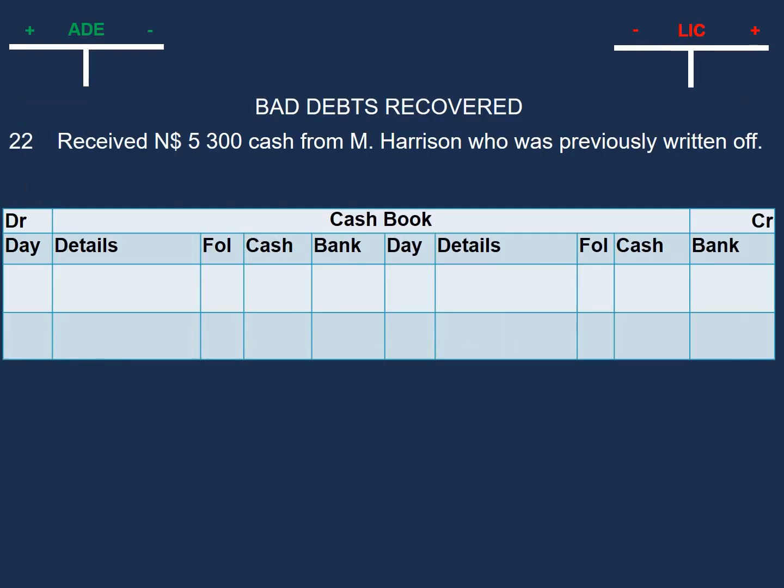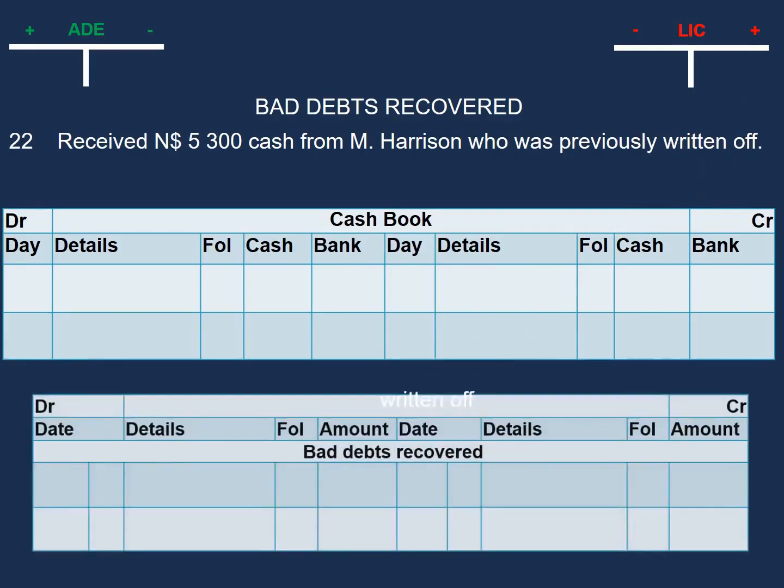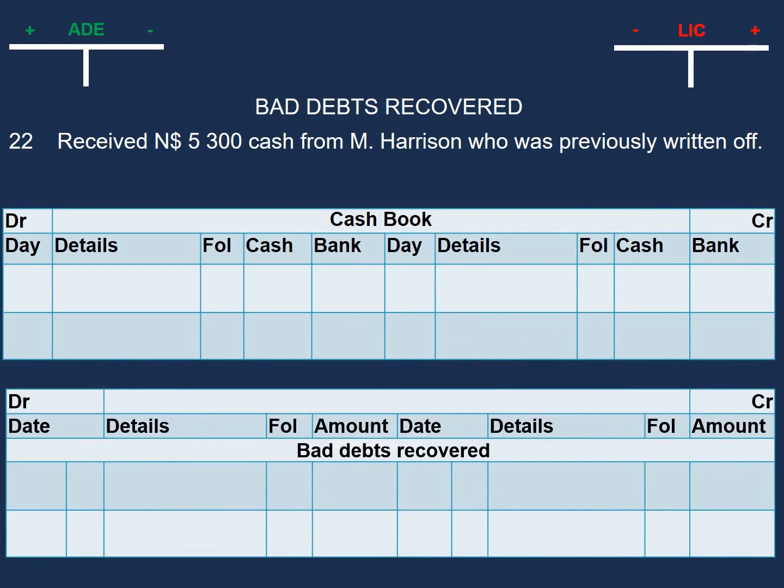First, what we need to do is open our bad debts recovered account. Then we will debit our cash book with 5,300, which we will enter in the cash column because cash was received, and our description in the details column will be bad debts recovered.